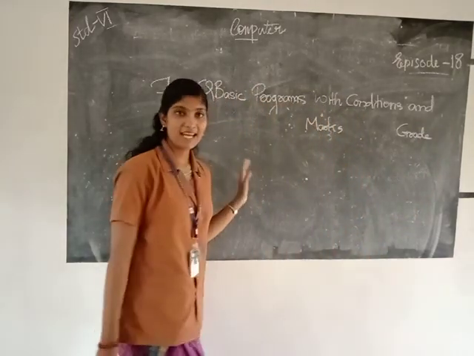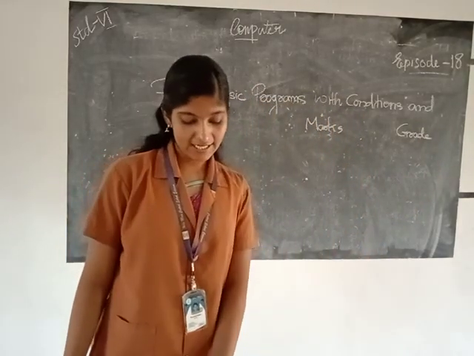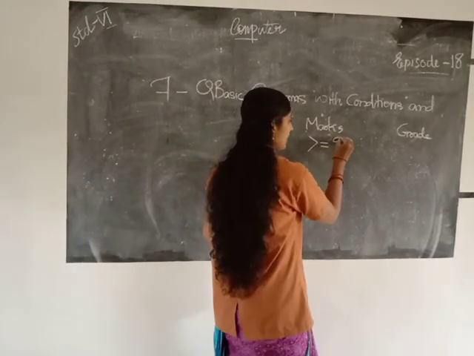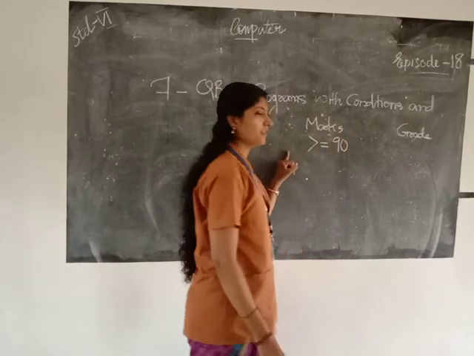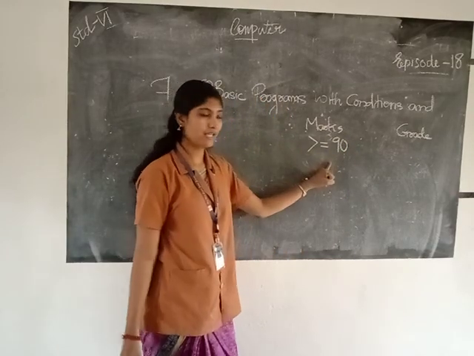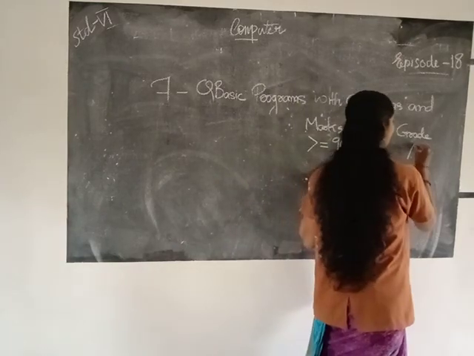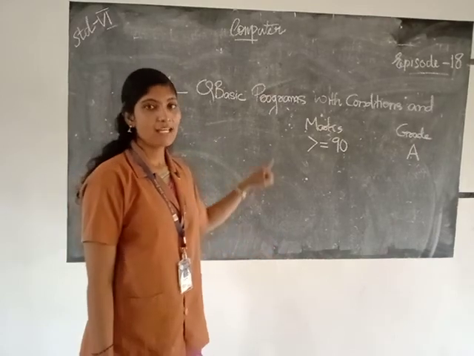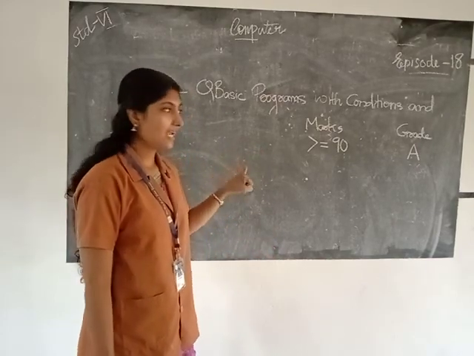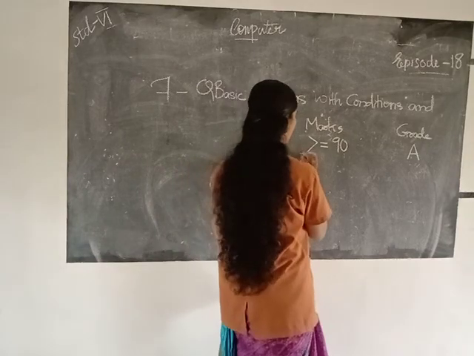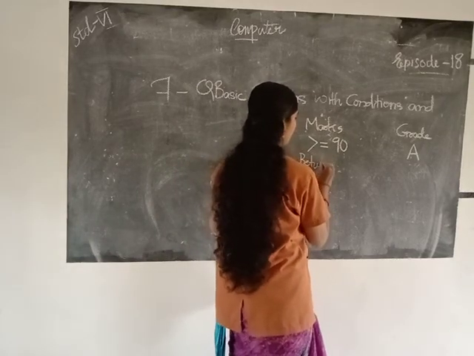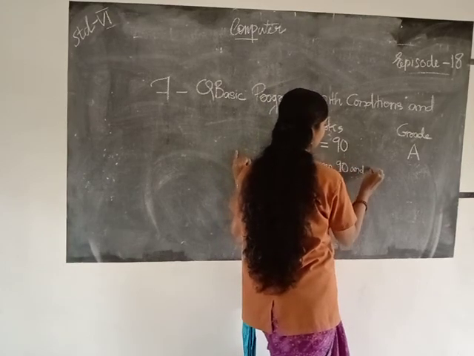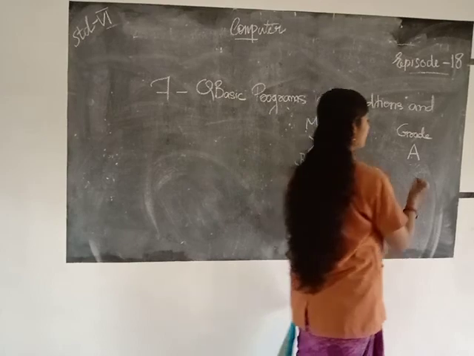First condition, greater than or equal to 90 marks, then grade is A. Second condition, if the marks are between 90 and 80, then grade B.